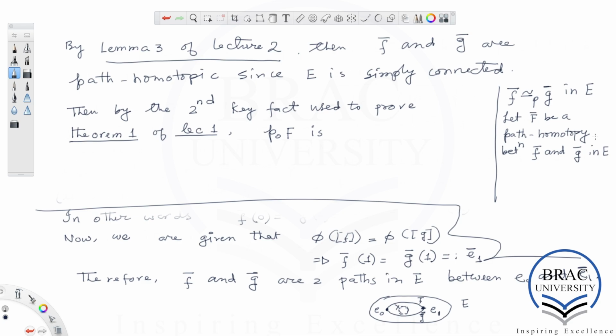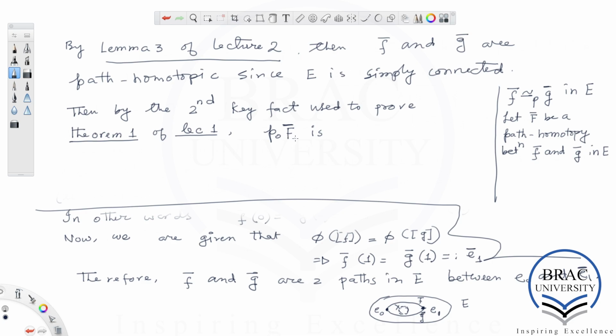So by the second key fact used to prove theorem 1 of lecture 1, P composed with F tilde, I think it should be tilde. Has to be corrected in the notes. Alright, so there is a correction in the lecture note.